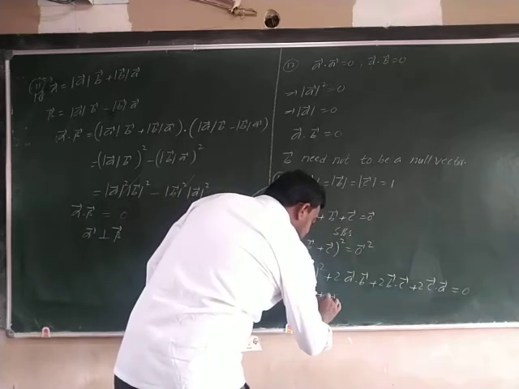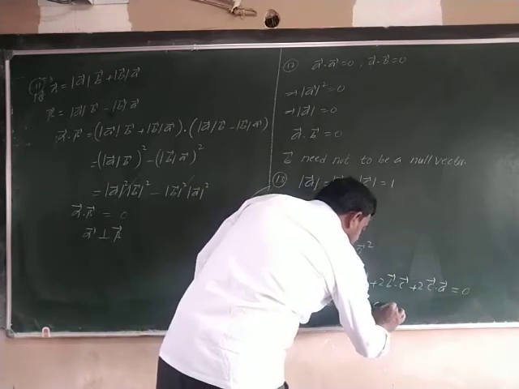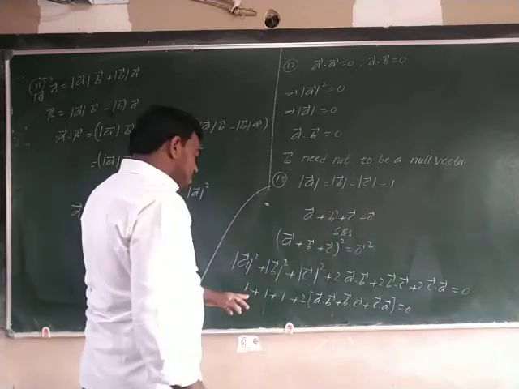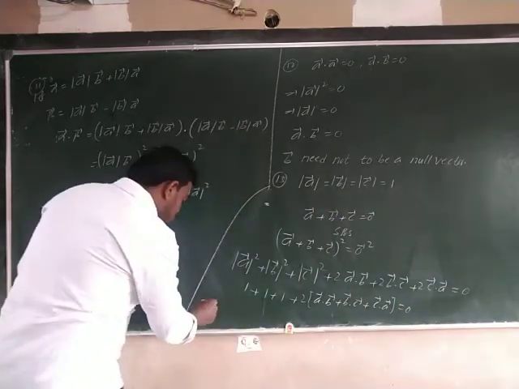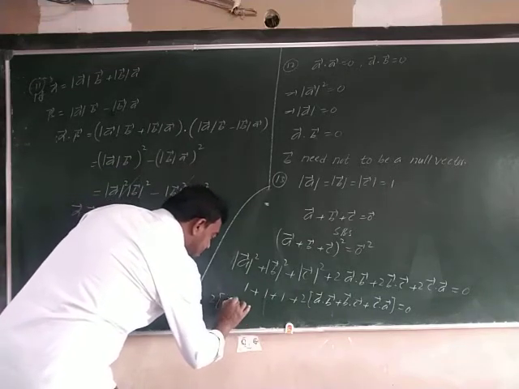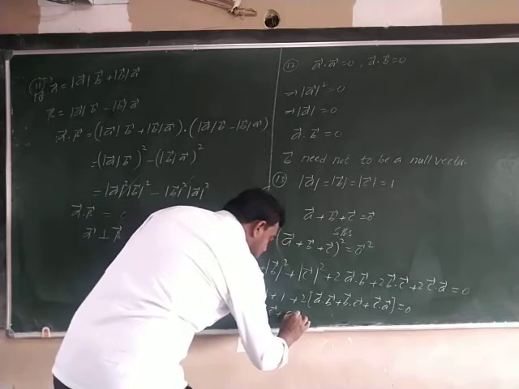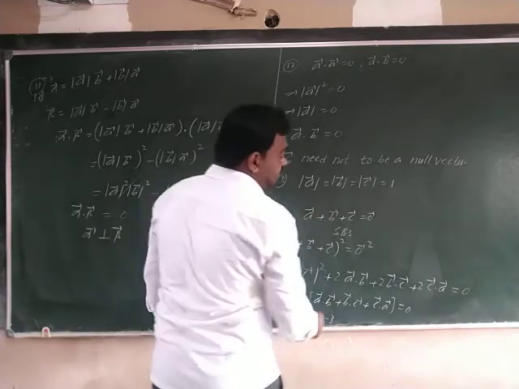So 2 is common here: 2 into (a dot b plus b dot c plus c dot a) plus 1 plus 1 plus 1 is equal to 0. 1 plus 1 plus 1 is 3. 3 is taken to the right side. So 2 into (a dot b plus b dot c plus c dot a) is equal to minus 3.